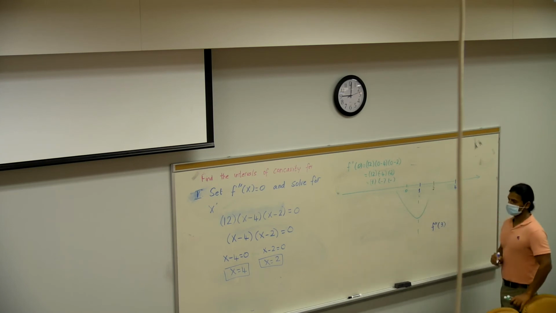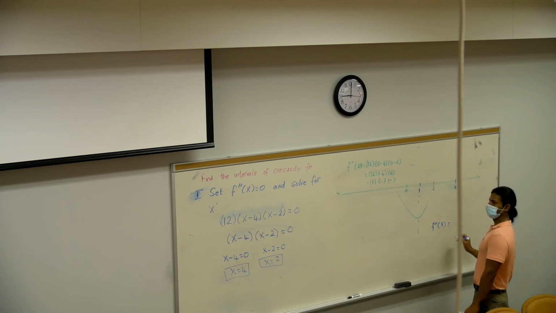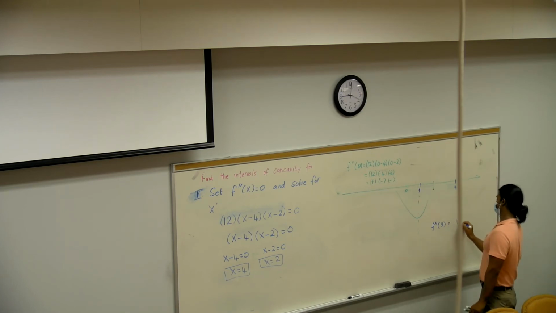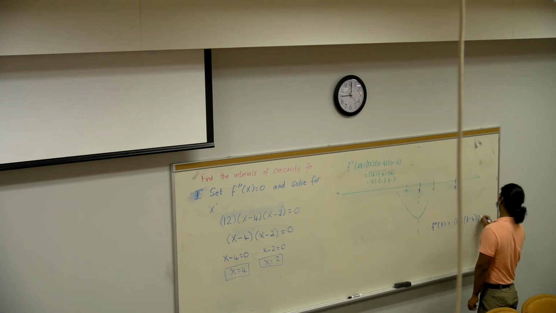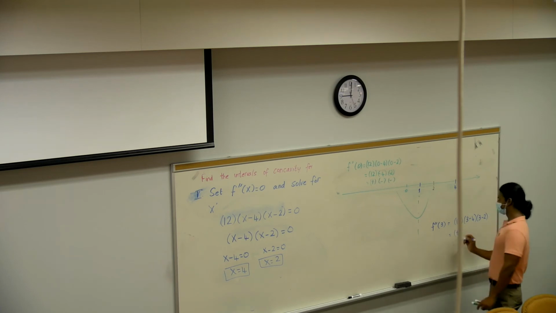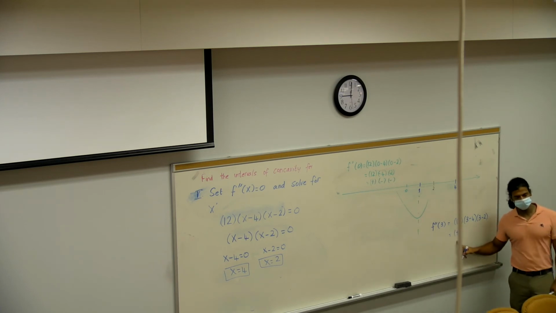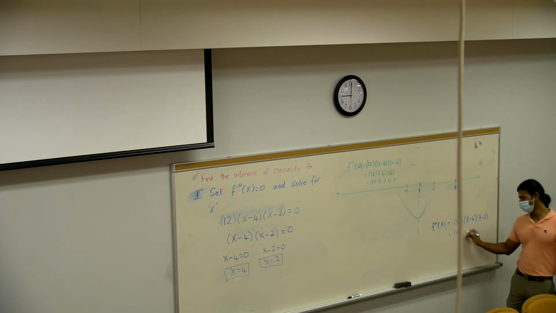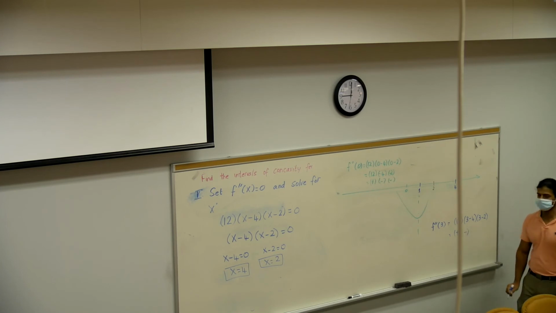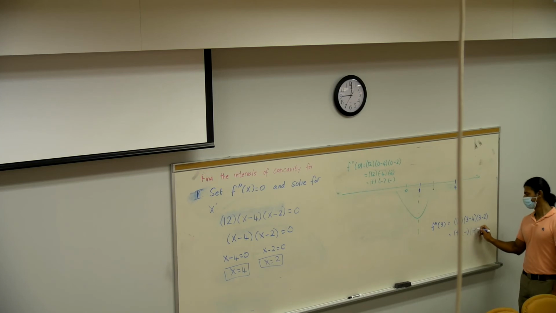We are picking 3 and plugging it in the second derivative. So we have 12 times 3 minus 4 times 3 minus 2. 12 is a positive number. 3 minus 4 will give me a negative number. 3 minus 2 would give me a positive number.